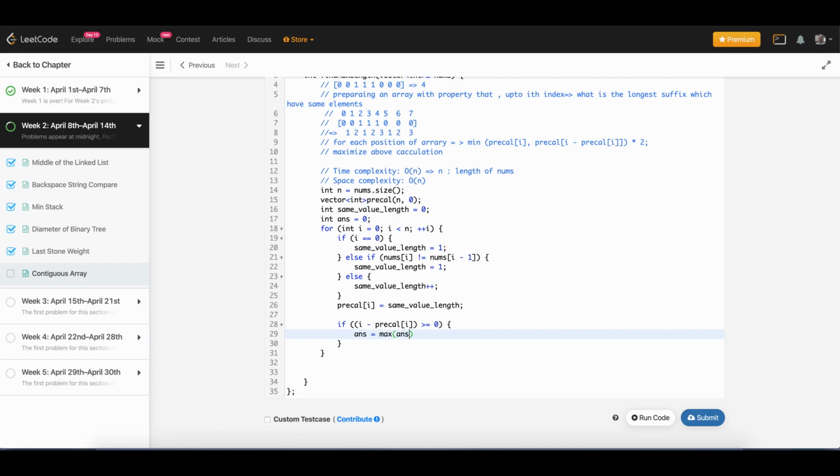So we will try to maximize the answer with the global answer. And what is the current answer? Current answer is minimum of those times 2. So let's simply copy this, a minimum of pre-cal of I and pre-cal of I minus pre-cal of I, multiplied by 2.